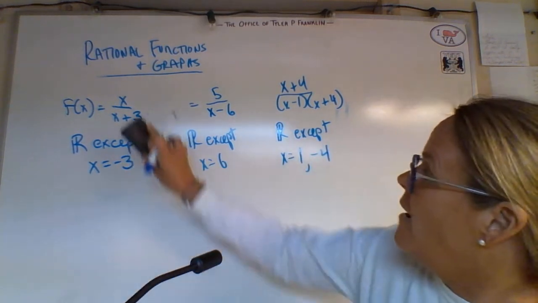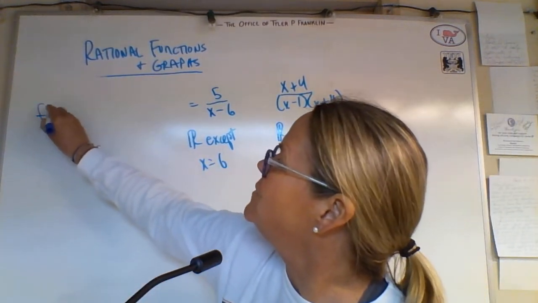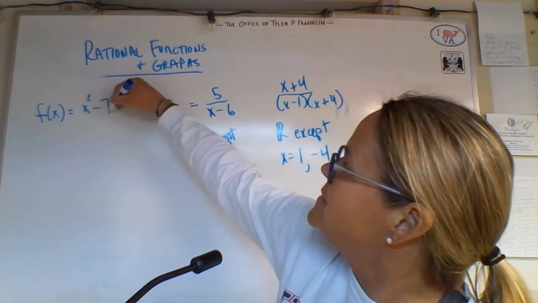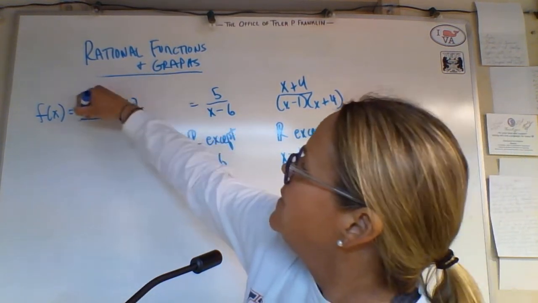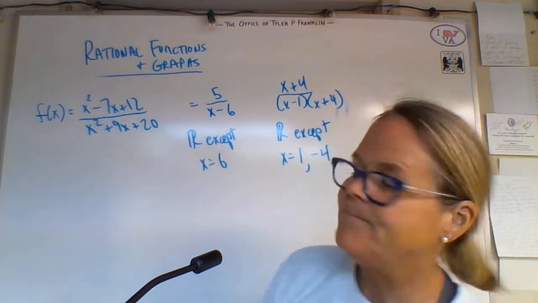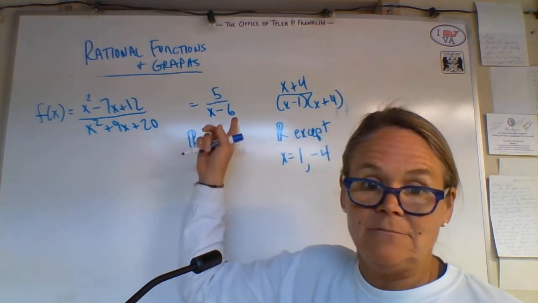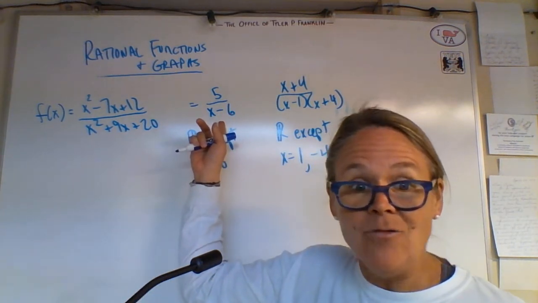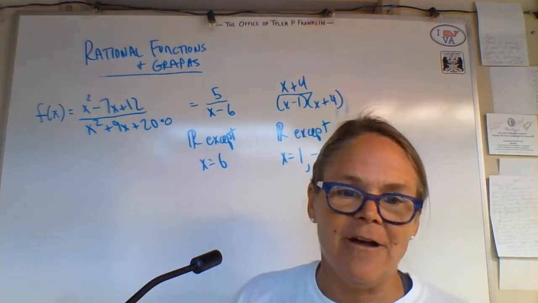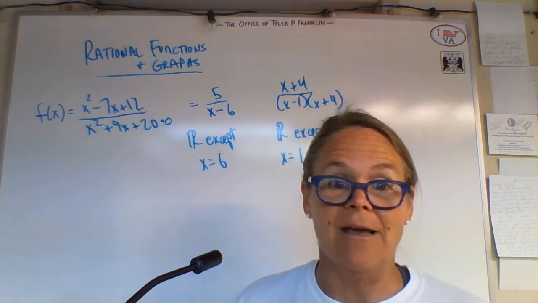Now, if I gave you one that wasn't factored, and so this was x squared minus 7x plus 12, this was x squared plus 9x plus 20, you have to think, okay, what can give me 0? Well, if I think of setting the denominator equal to 0, how do I solve that quadratic?